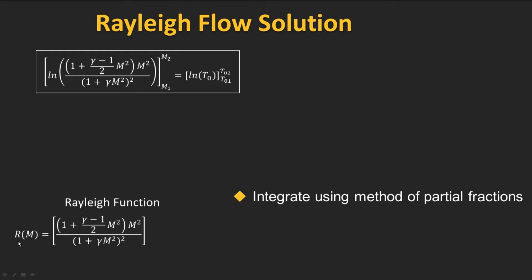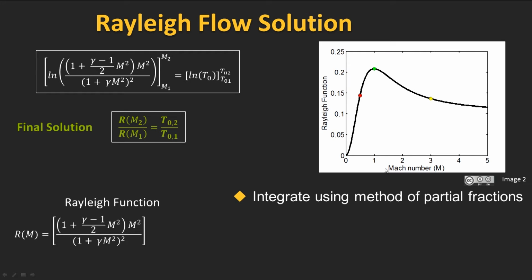Once we have the Rayleigh function R(M) defined, we can then go ahead and plot that versus the Mach number, which is the graph shown on the right, and also simplify the expression for the final solution in terms of the Rayleigh function as R at M2, or the Mach number at the second downstream location, divided by R at M1, or the inlet location, should be equal to T0 2, which is the total temperature at the downstream location, divided by T0 1, total temperature at the starting inlet location.